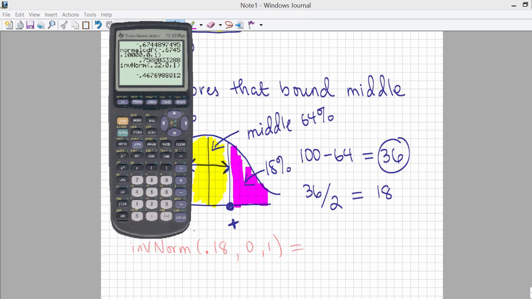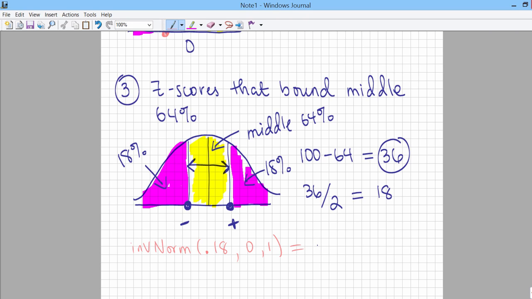So we go back to second variables, 0.18, and that gives us negative 0.9154. Okay, negative 0.9154.